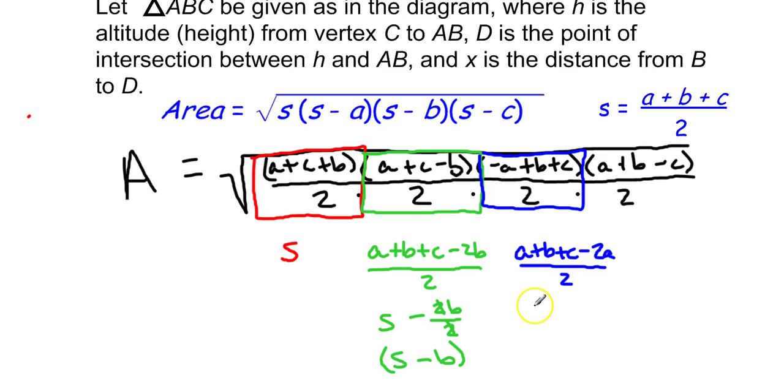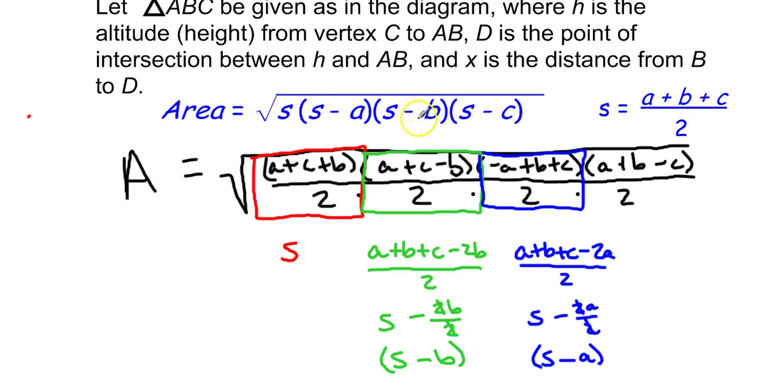Break it apart into 2 fractions. The first part is A plus B plus C over 2, otherwise known as the semi-perimeter. And then what I have left over is minus 2A over 2. My 2's cancel, and I end up with S minus A. So there's my S minus A.